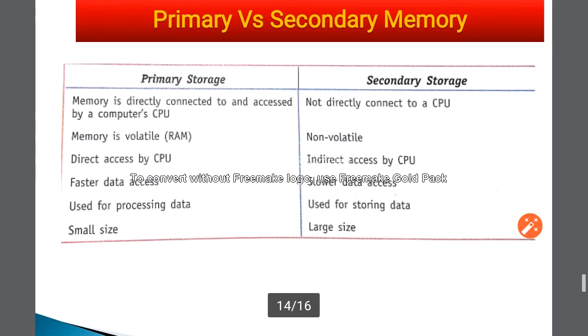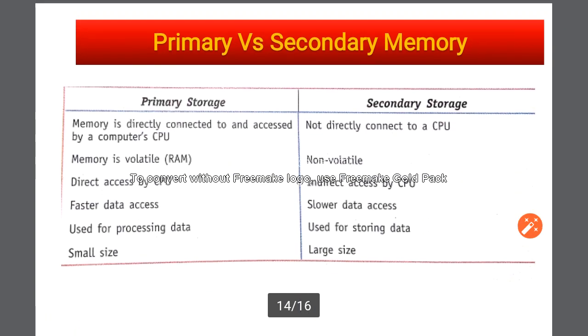Now in the next slide, we are going to learn the difference between primary and secondary memory. This is again an important portion. Memory that is directly connected and accessed by the computer CPU is primary. Here it is written storage. Do not get confused, storage is nothing but the memory only.